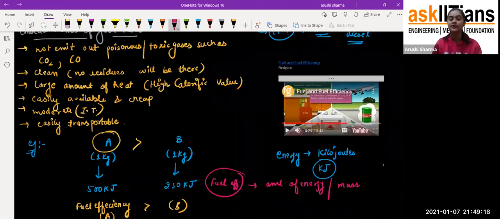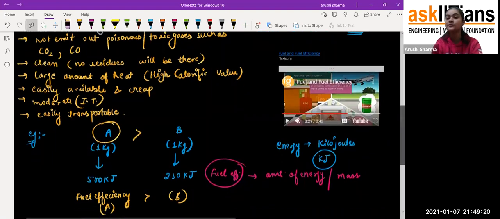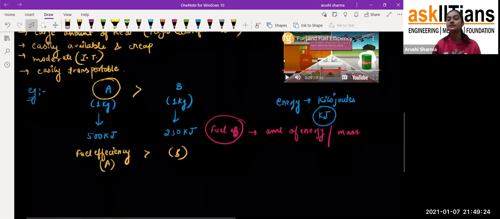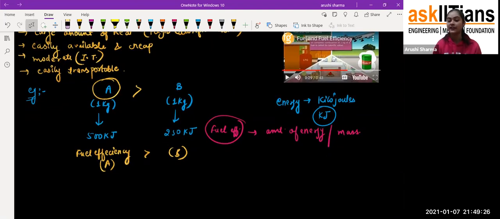So students, have you heard this thing that all fuels do not burn efficiently? So they all have different calorific values. What is the definition of the calorific value?